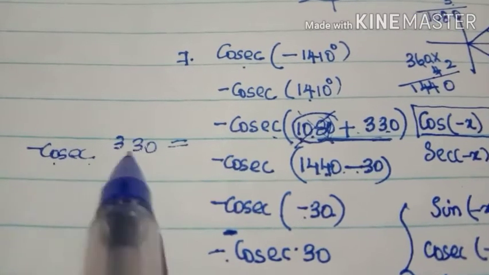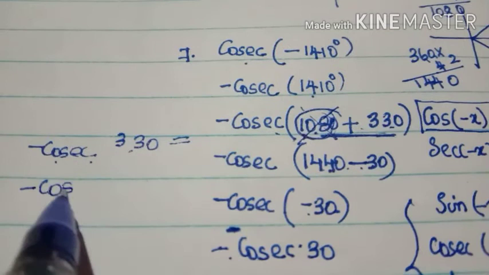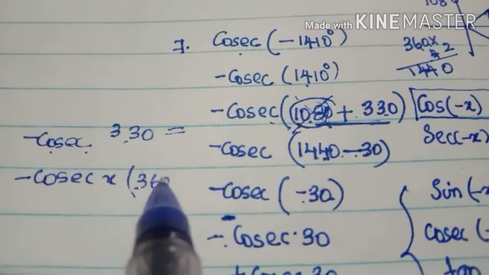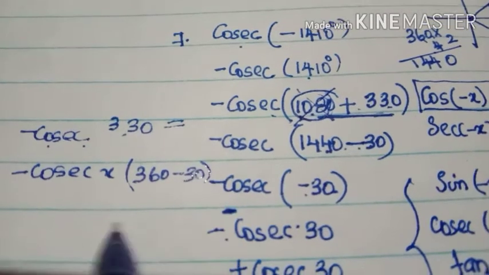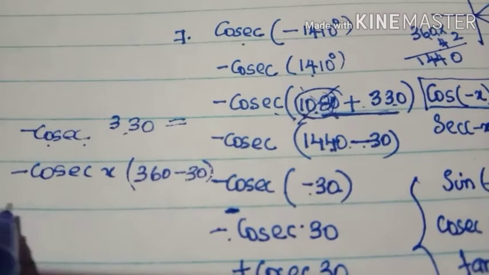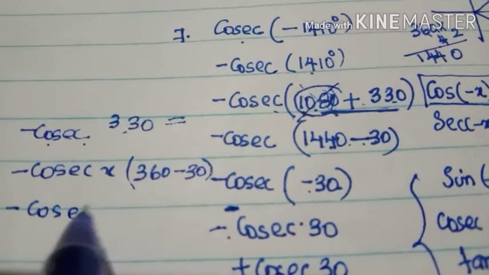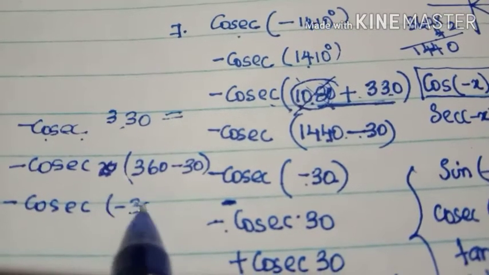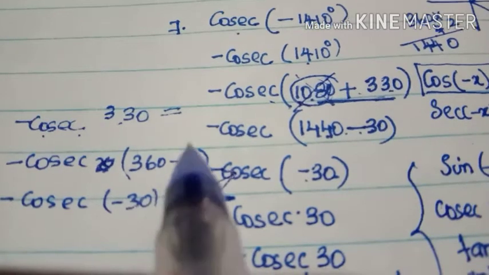So minus cosec 330. Now convert this 330 into 360. So this can be written as 360 minus 30. What is cosec of 360 minus 30? It is cosec minus 30. Let's see. Both are the same.